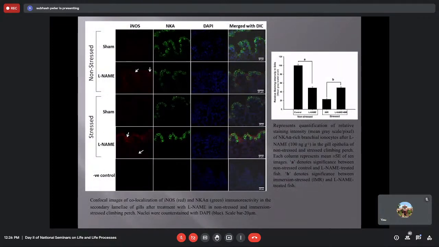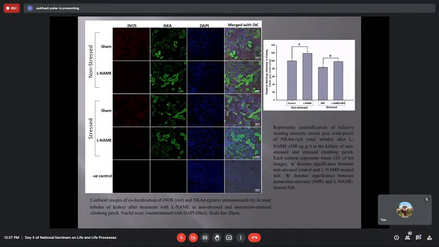Likewise, we extended our work and find that it is very highly regulated, and this is nothing but the iNOS immunoreactivity here with the imaging, and that's all there in the recovered fish. It is being induced. That means iNOS is getting activated, and as a result, you get more NO available in the system to counteract and promote recovery.